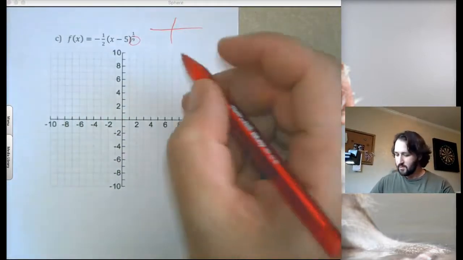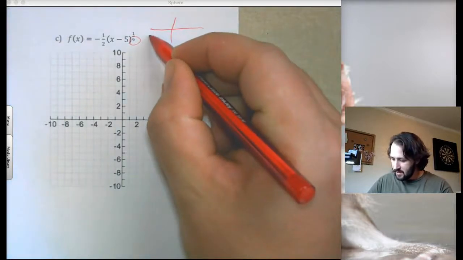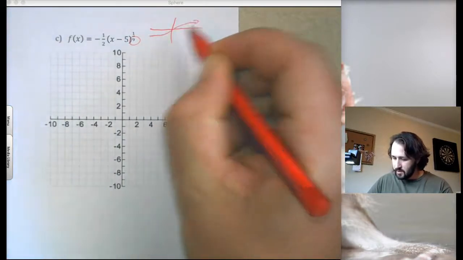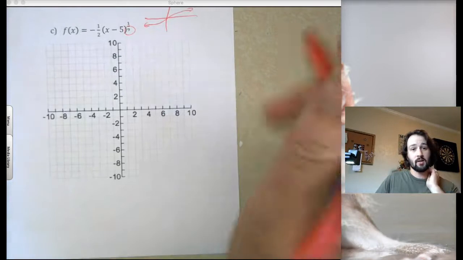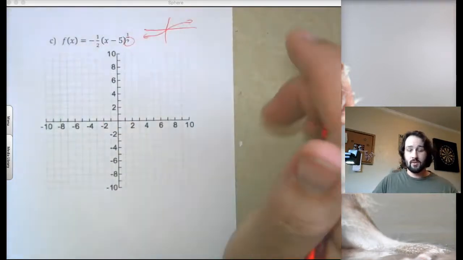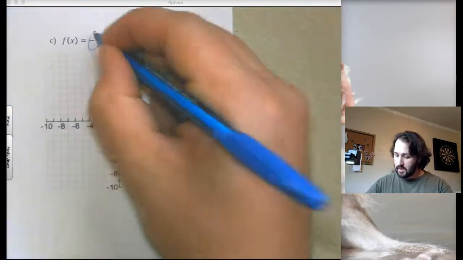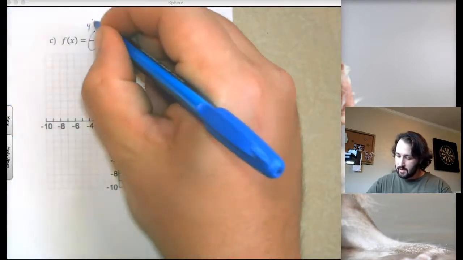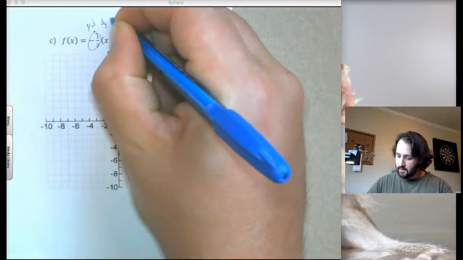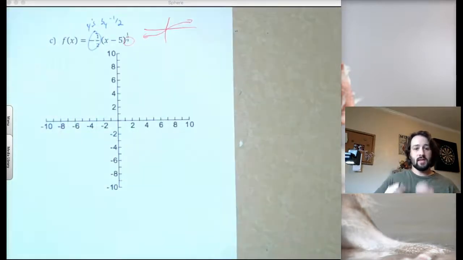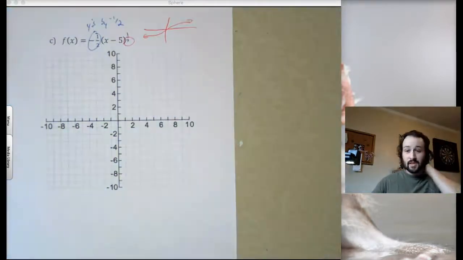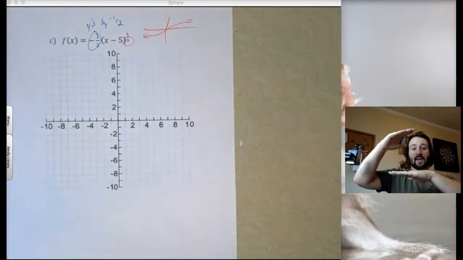All right, anyways. So 1 over 9. The 9 tells me that I have a cube root-ish, right? It's an odd power, so it kind of looks like a cube root. Now this negative 1/2 on the outside is going to multiply the y's by negative 1/2. So it'll reflect it over the x-axis, and it's also going to vertically compress, right? 1/2 is taking half of it.